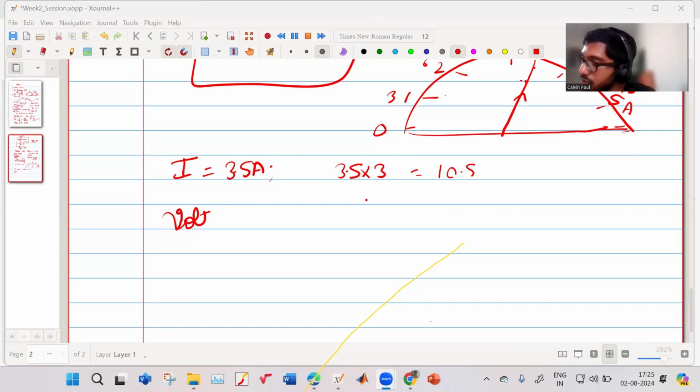There's this yellow line on my screen which I'm not able to rub. Okay, I've removed it.